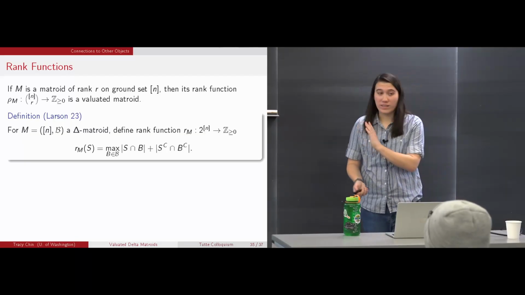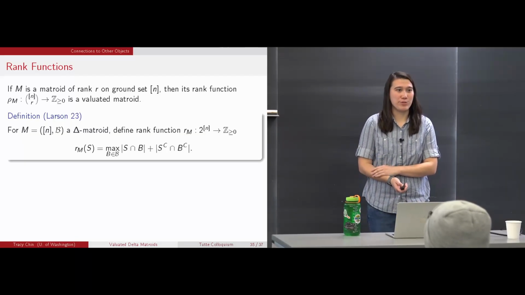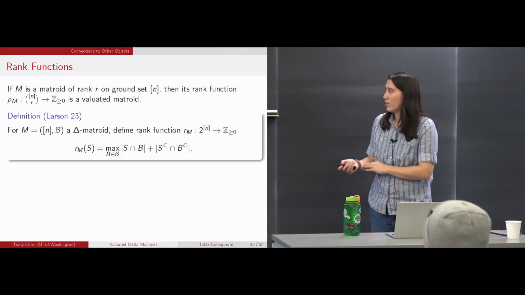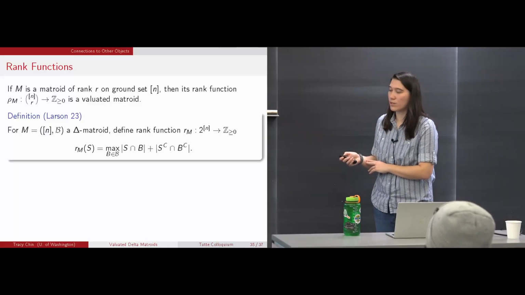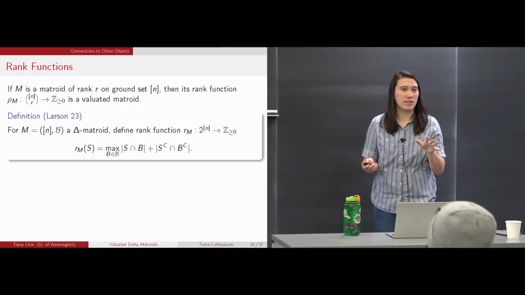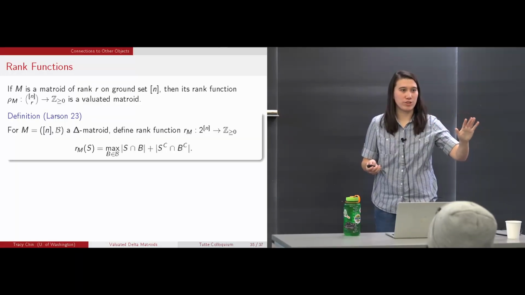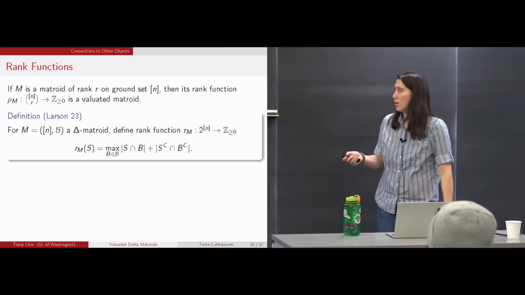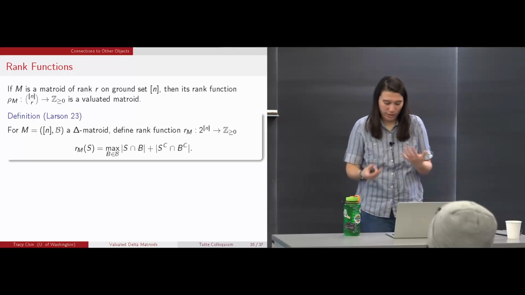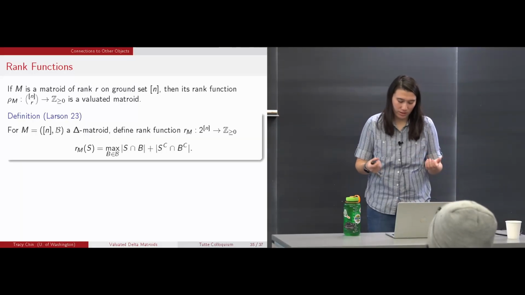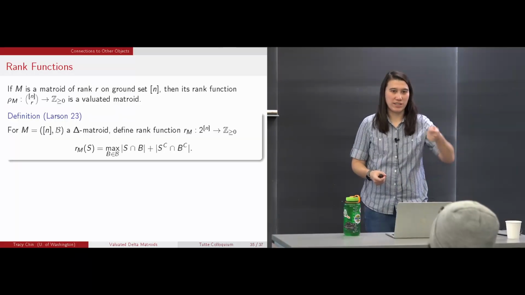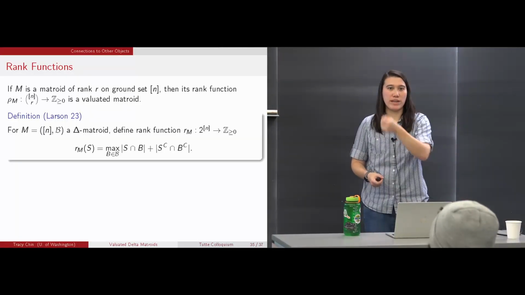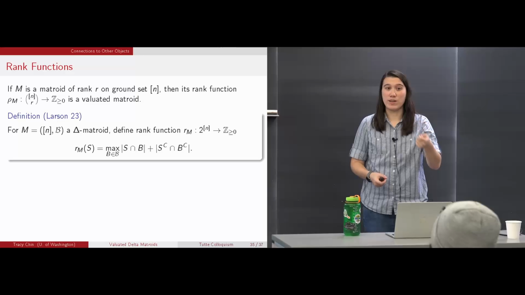So here's the definition of the delta matroid rank. It's a little bit weirder. We're going to maximize over all bases. If it was just this S intersect B, that would be more like the matroid version, right? But one weird thing about delta matroids is that I can take the bases of a delta matroid and symmetric difference all of them by a fixed set, and that will give me another delta matroid.